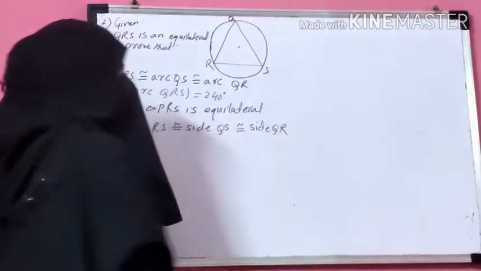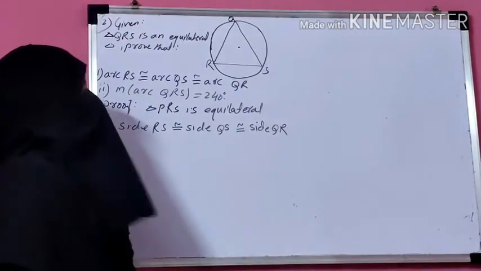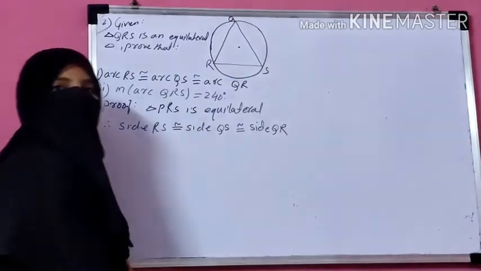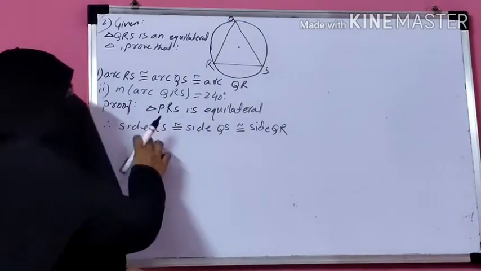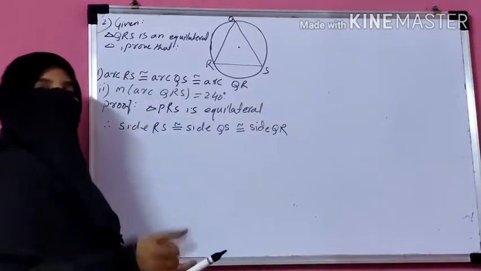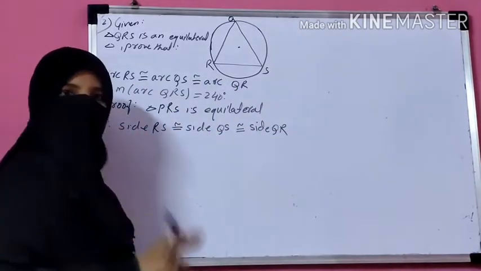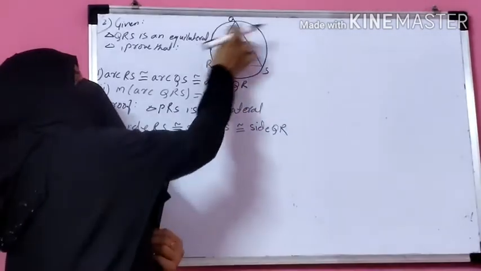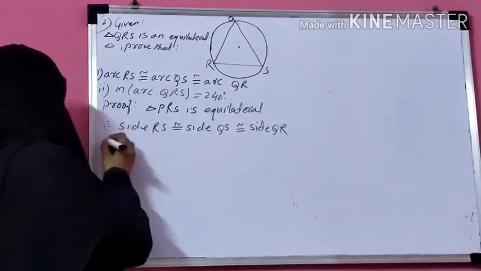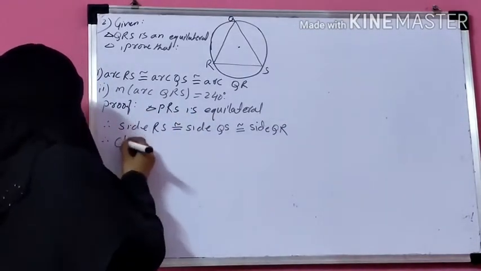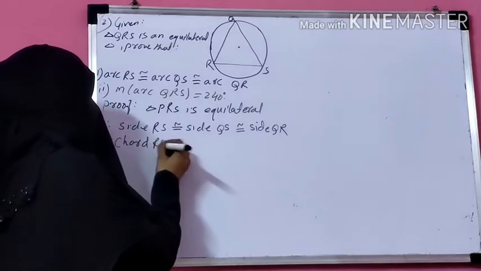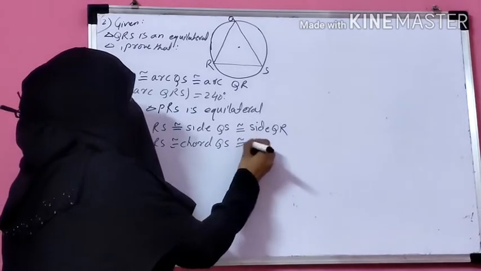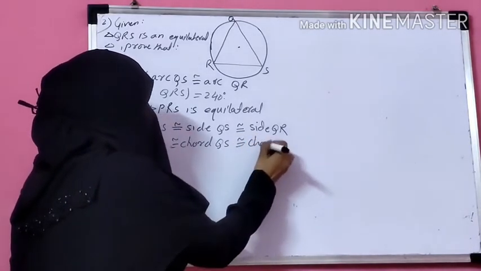Sides of equilateral triangles are equal, that means congruent. The sides of the triangle are the chords of a circle. For the circle they are chords, for the triangle they are sides. So in place of side you can write chords. Therefore chord RS is congruent to chord QS is congruent to chord QR.